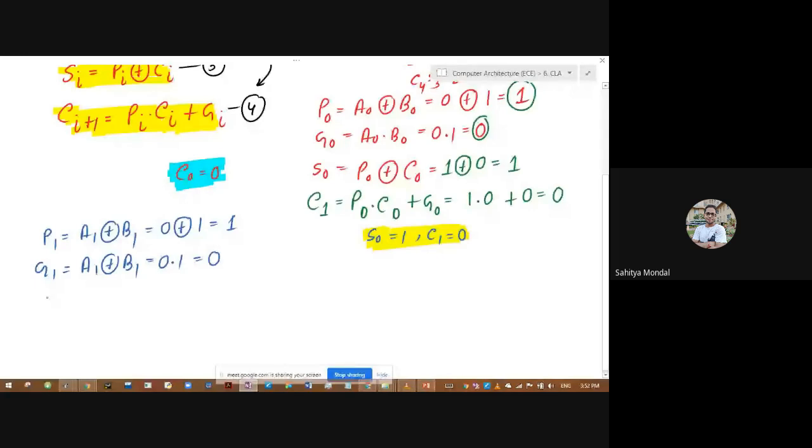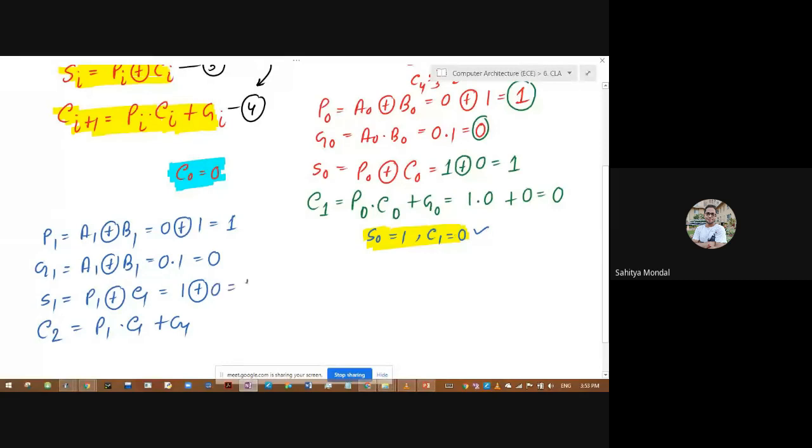Now with the help of these two values, we are going to calculate S1. S1 equals P1 XOR C1, and C1 plus 1, that is C2. C2 is going to be P1 AND C1 OR G1. So what is P1 being calculated? 1 XOR C1, which was calculated in the previous step as 0.